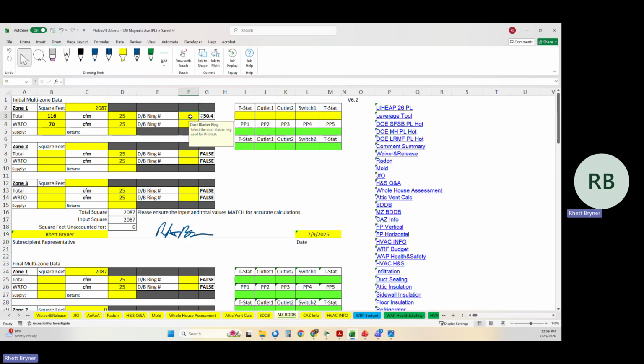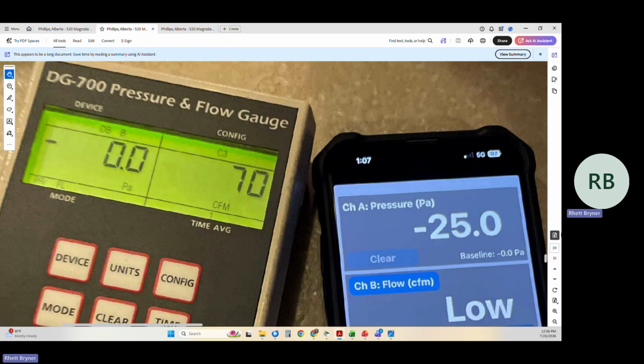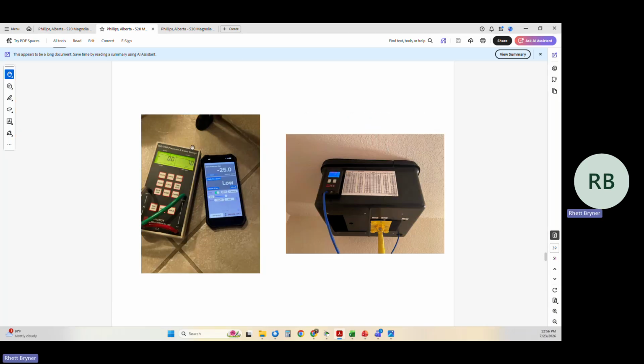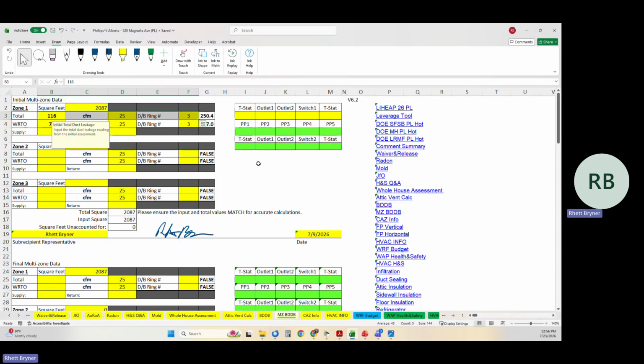And for both of these, it's going to be ring 3. Again, you can do your drop down or you can just type it on your computer. So that's 116 total was our first reading right here, and then 70 with reference to outside as our second photo. So that's that right there.